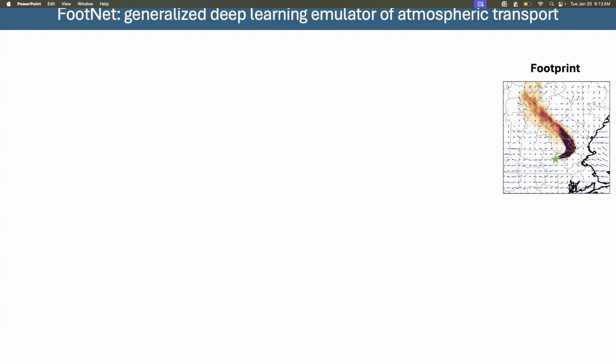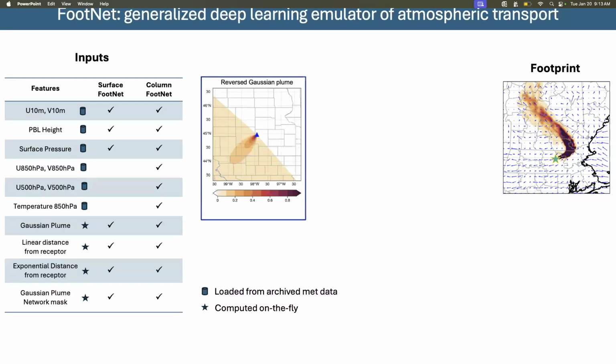The idea here is pretty much the same, that we also use some input meteorology, as well as some features that we compute on the fly. So here we use different input meteorology, for example, zonal and meridional winds at 10 meter, which is a good proxy for surface winds, PBL height, which tells us how much mixing is going on in the system, and then surface pressure, which is also a good proxy for topography of the region.